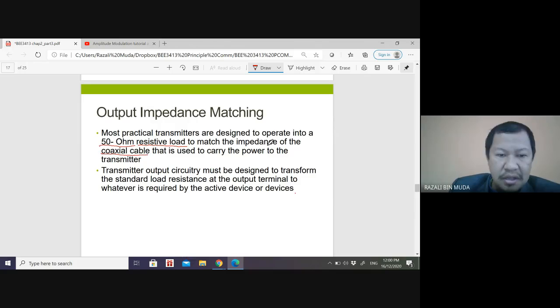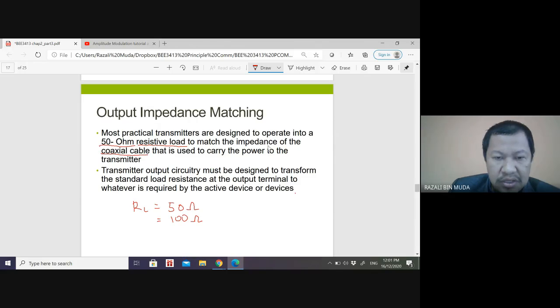So normally this is called the resistive load. So it is normal that you have RL in the question. Normally you have RL equal to 50 ohm or 100 ohm.